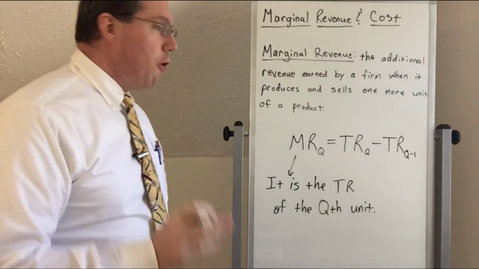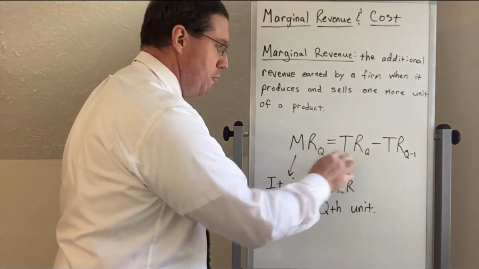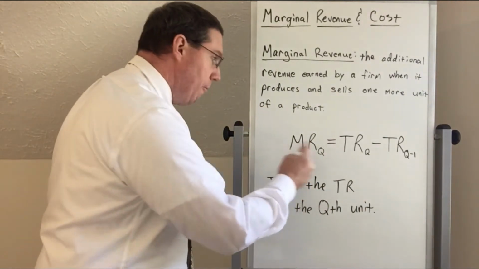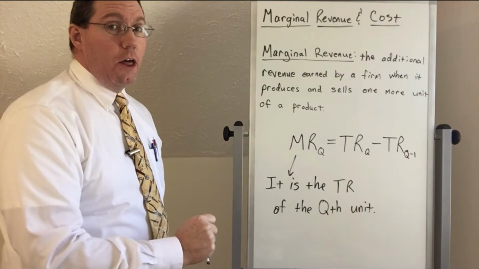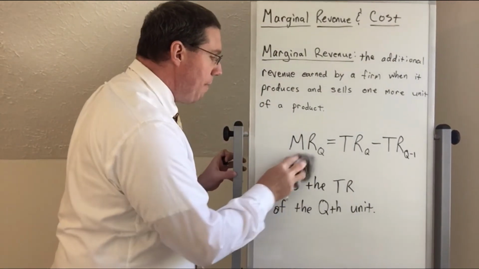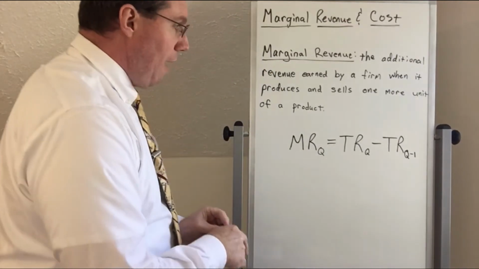It's the total revenue for the Qth unit. How much revenue was added on to total revenue because you produced the 30th unit? That would be the marginal revenue of the 30th unit. Okay?